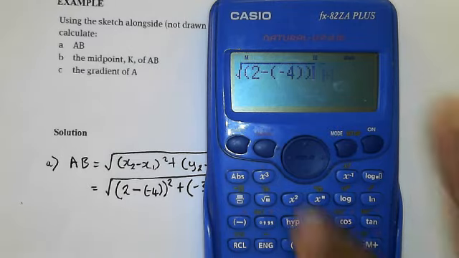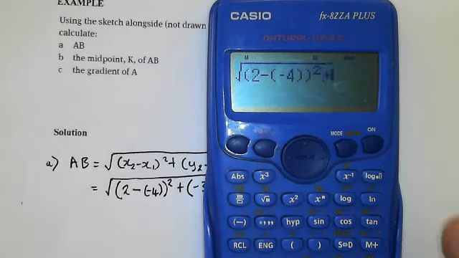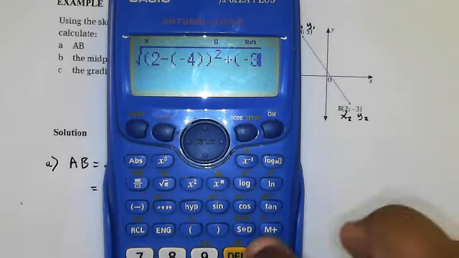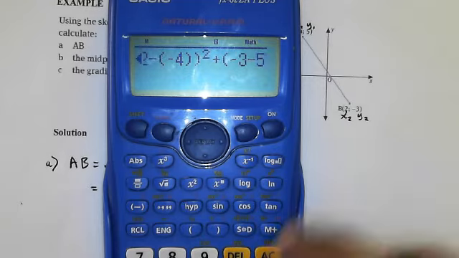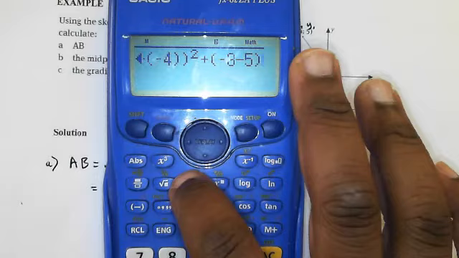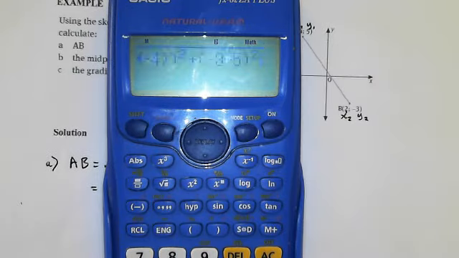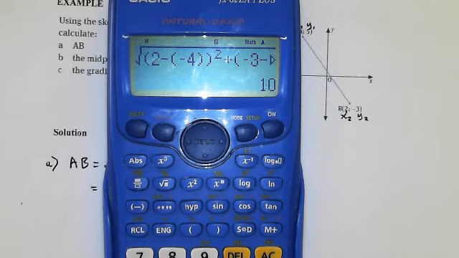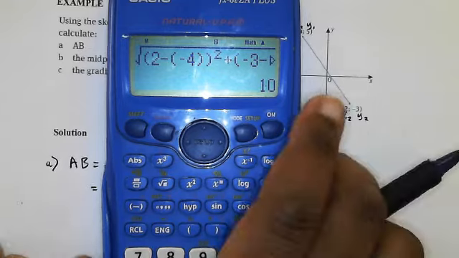Okay, and square that, plus, what's the other one? Negative 3 minus 5, so open bracket, negative 3 minus 5, close the bracket and square that. Right. So the distance is 10.